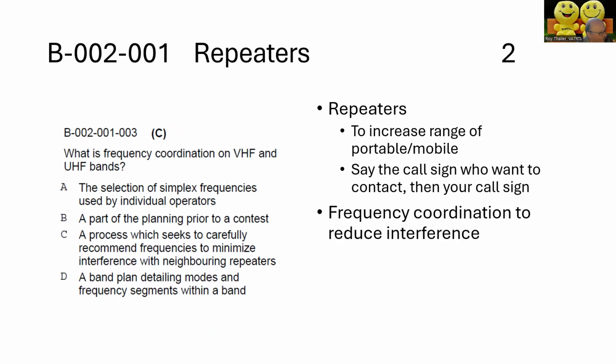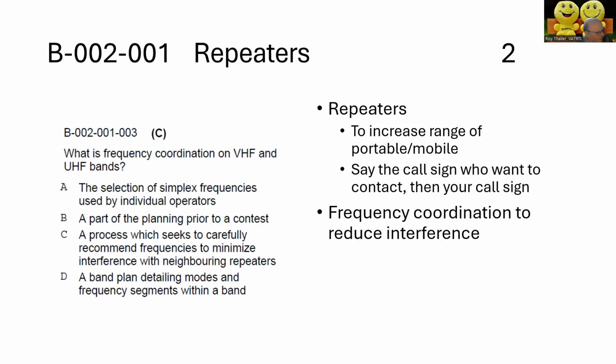What is frequency coordination on VHF and UHF bands? So don't get this confused with the band plan. It actually goes into more detail. And the answer is C, a process which seeks to carefully recommend frequencies to minimize interference with neighboring repeaters. So if you have like 10 or 15 repeaters, like in the lower mainland, they're all operating on different frequencies and similar offsets.